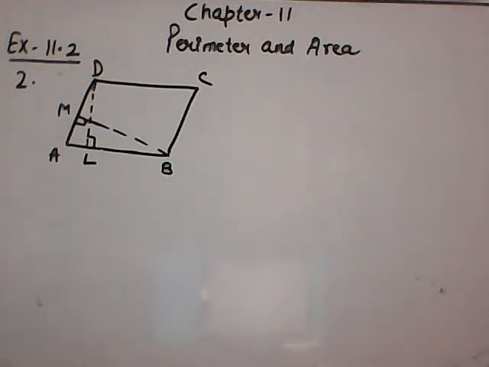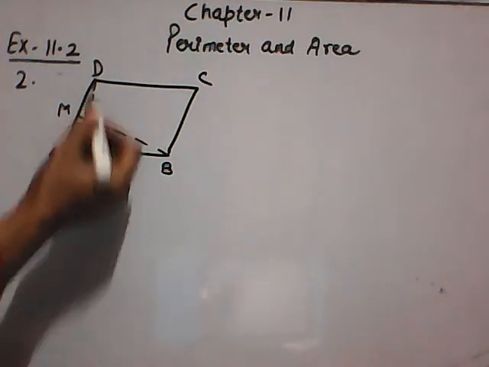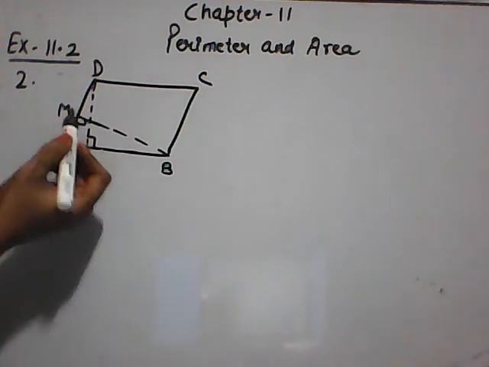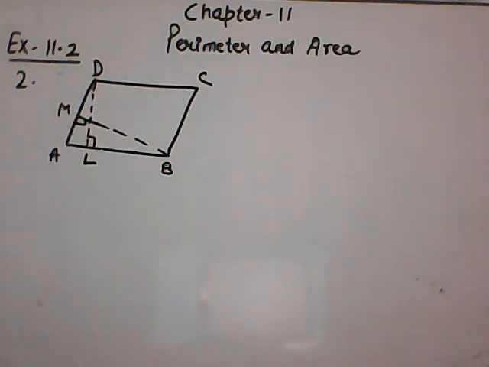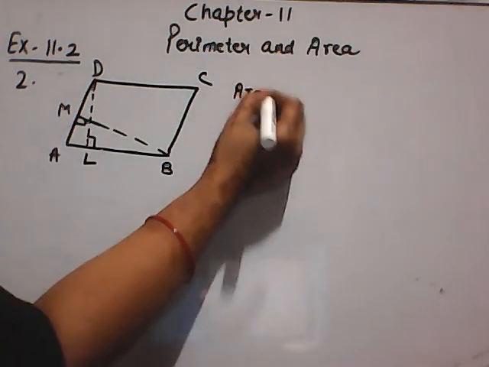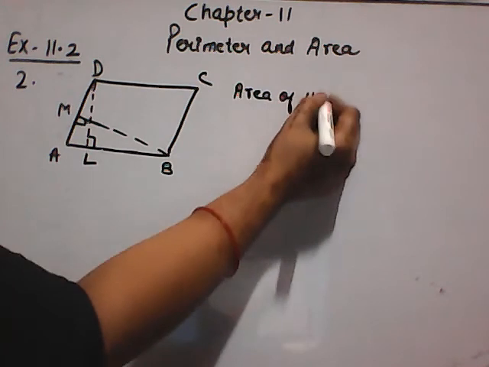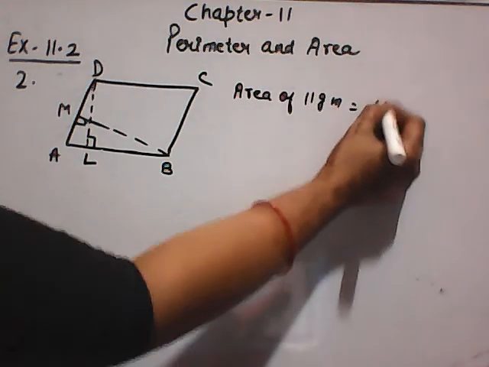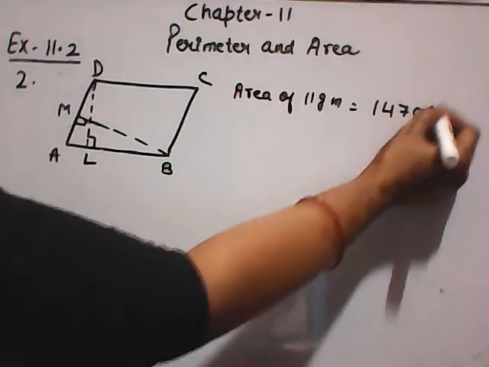In this question, this diagram is given to you. It is parallelogram ABCD. Here DL and BM are the heights on the sides AB and CD respectively of the parallelogram ABCD. Area of parallelogram is 1470 centimeters square.